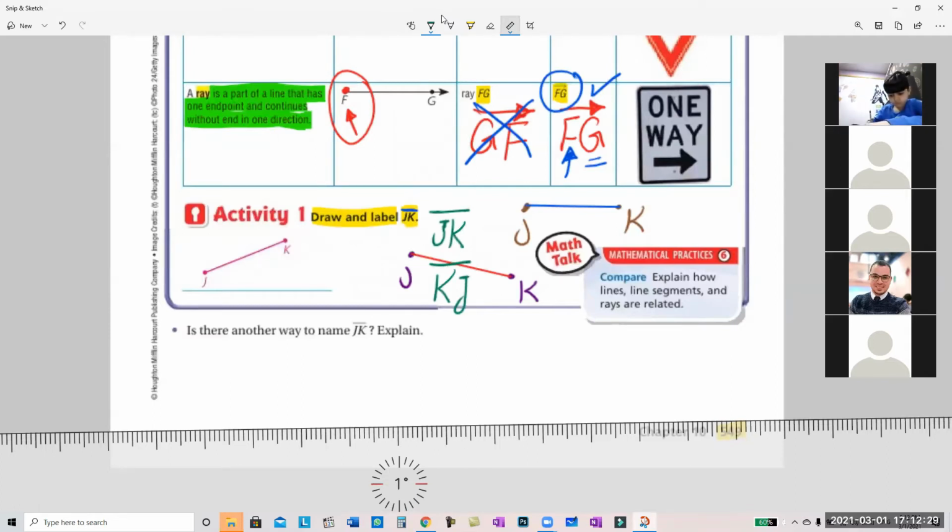But you should draw a small line segment above it. So we have two ways to name it. The first way, JK, and the other way, KJ, as you see here. Okay, that's how to draw a line segment.